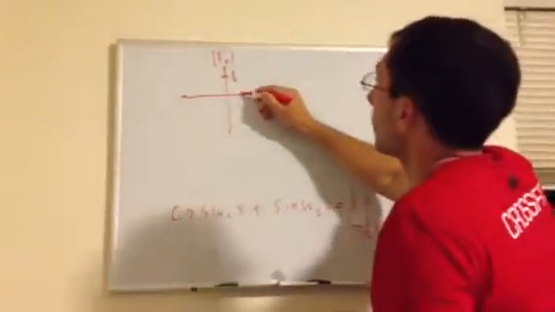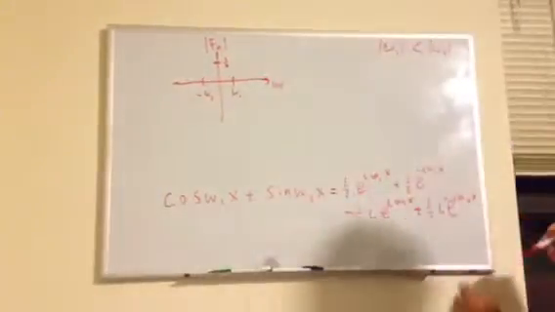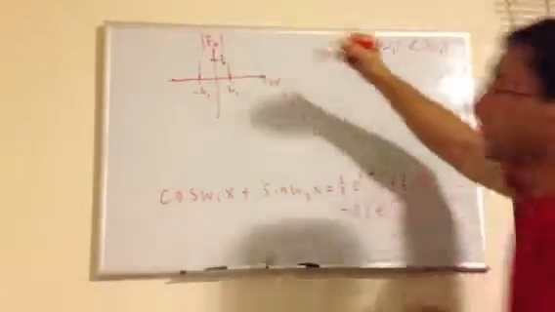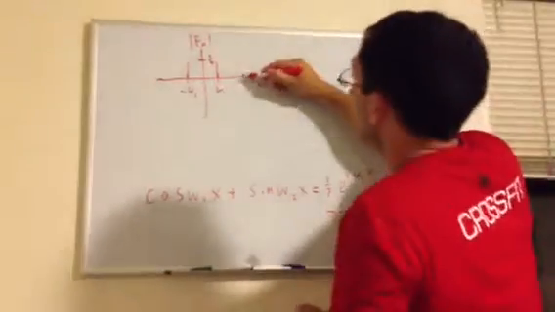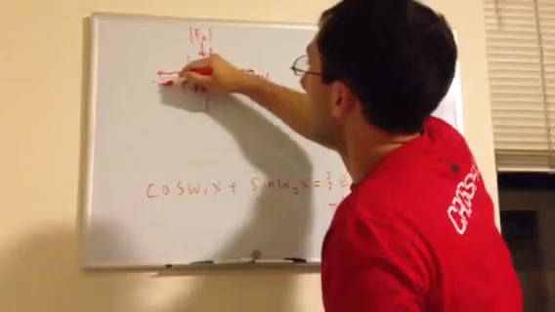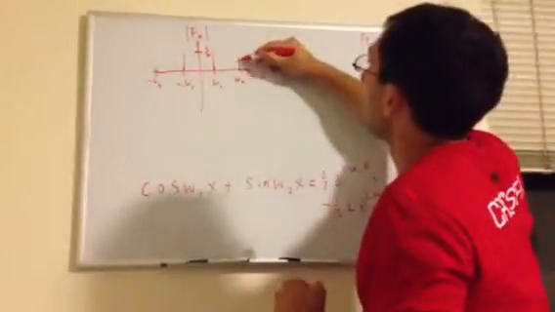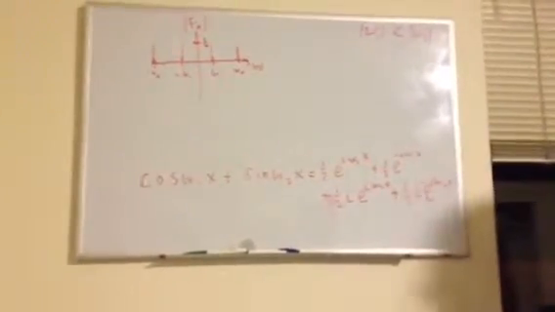So omega 1, negative omega 1, we know that the magnitude is 1/2. Omega 2, negative omega 2, again, amplitude is 1/2. Simple enough, right? All right, good.